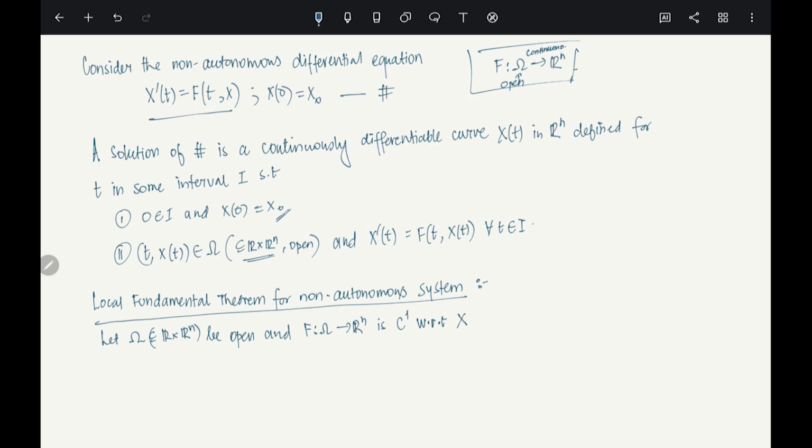We have seen that you need f of x to be C1, because in the earlier case it is just a function of x, so we need that same sort of thing. So it has to be C1 with respect to x. C1 means continuously differentiable. And with respect to t, what do we need? We need the very basic requirement. We just need continuity with respect to t.